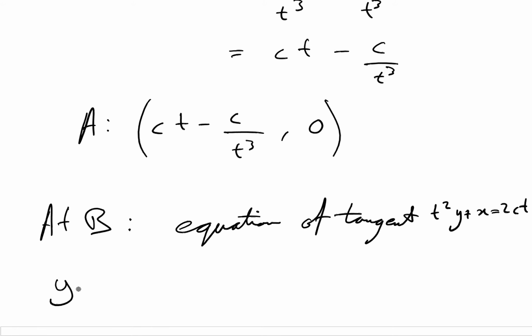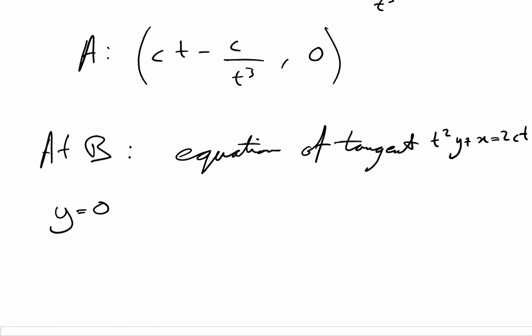So remember, at B, y must equal 0. So therefore we can find out what x is. We've got t squared y, well, y is 0, so t squared times 0 is going to be 0. Plus x equals 2ct. So literally, x equals 2ct. So we know now that the coordinates of B are 2ct, and the y coordinate is going to be 0.